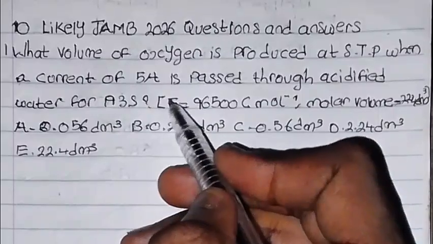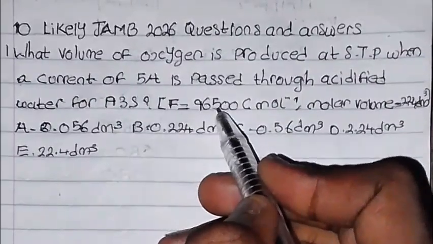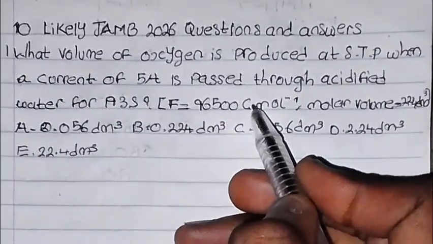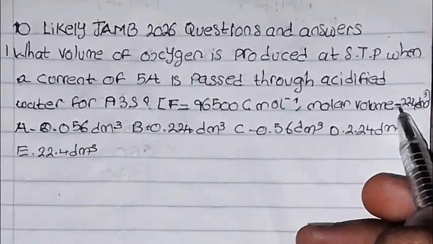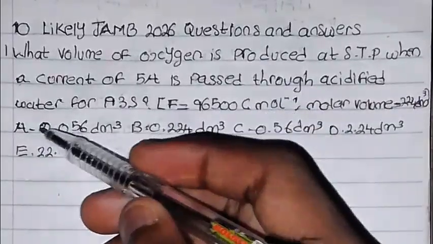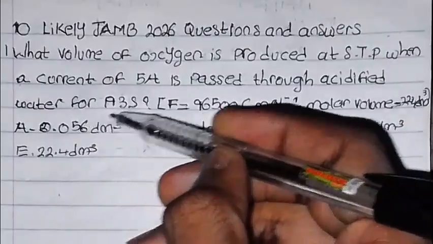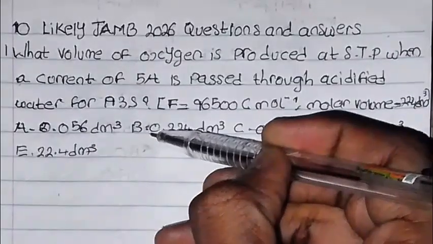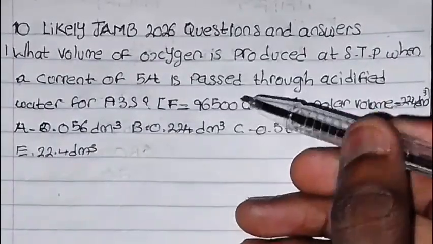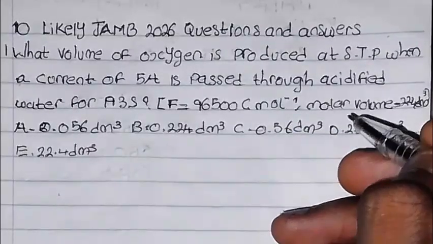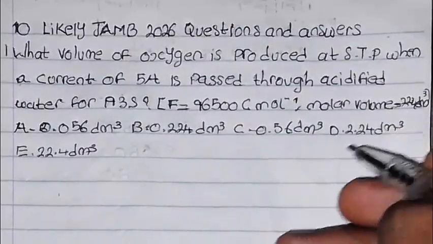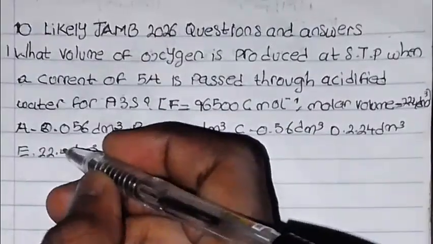Take F, the Faraday constant, as 96,500 coulomb per mole, and the molar volume constant as 22.4 dm³. A, 0.056 dm³, B, 0.224 dm³, C, 0.56 dm³, D, 2.24 dm³, E, 22.4 dm³.